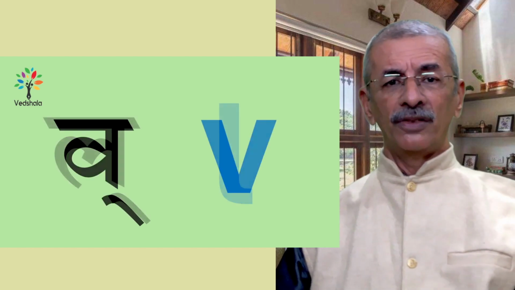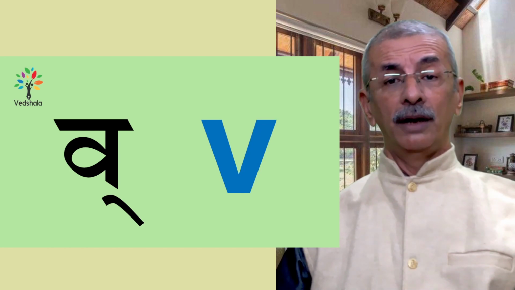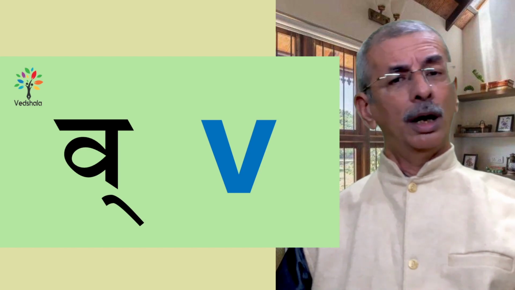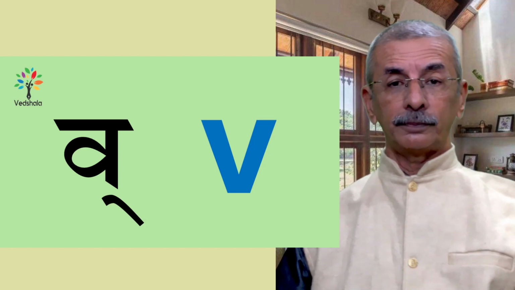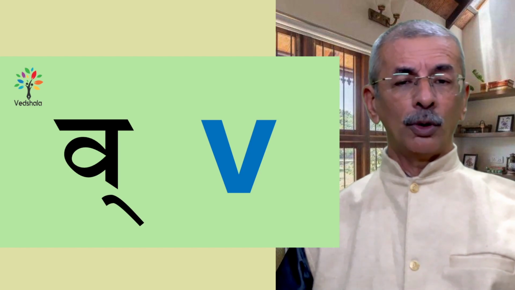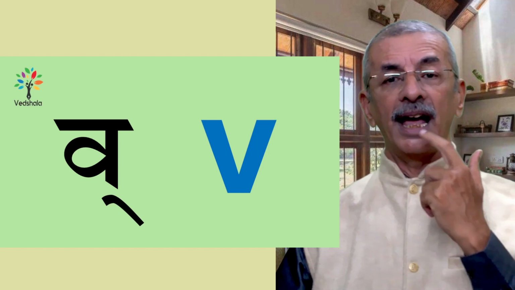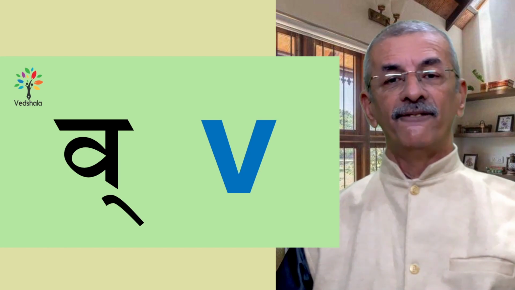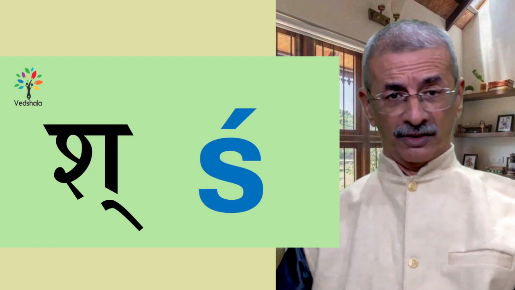Similarly, va, as in verb. When we pronounce verb, it cannot be war. Don't pronounce it war. It is verb. Whenever you pronounce verb, your upper teeth have to press a little bit on your lower lip. That is the sound of this phonetic.